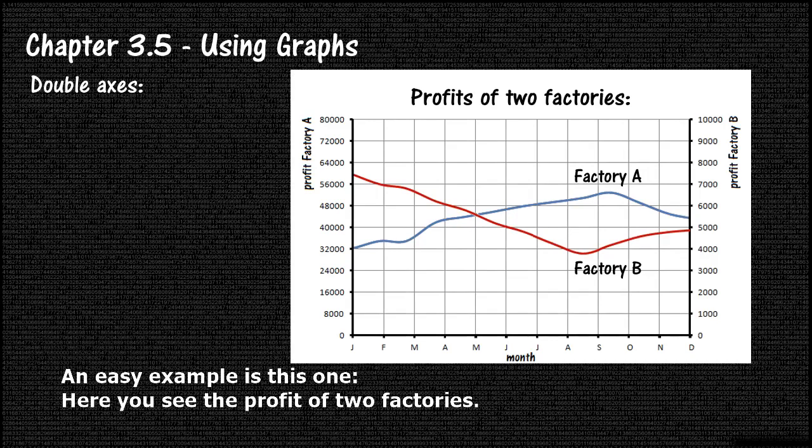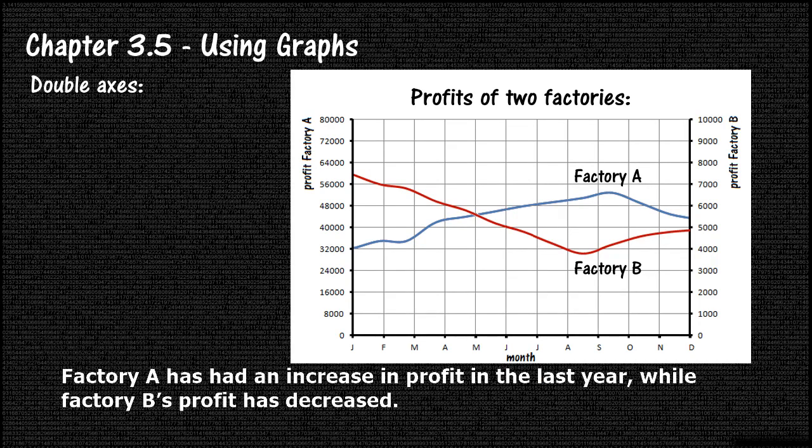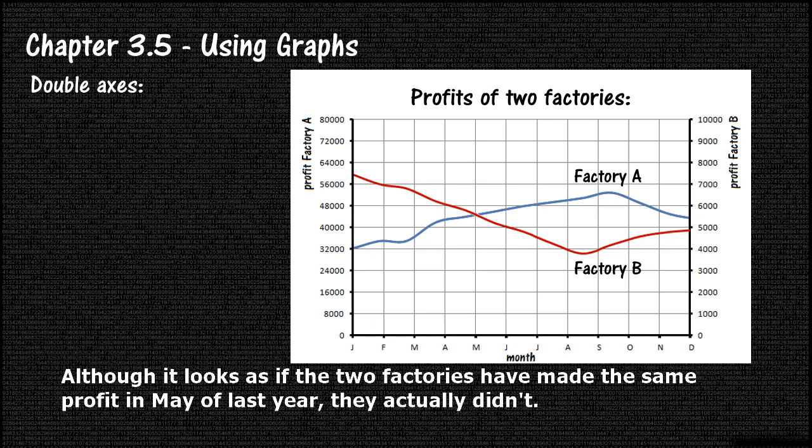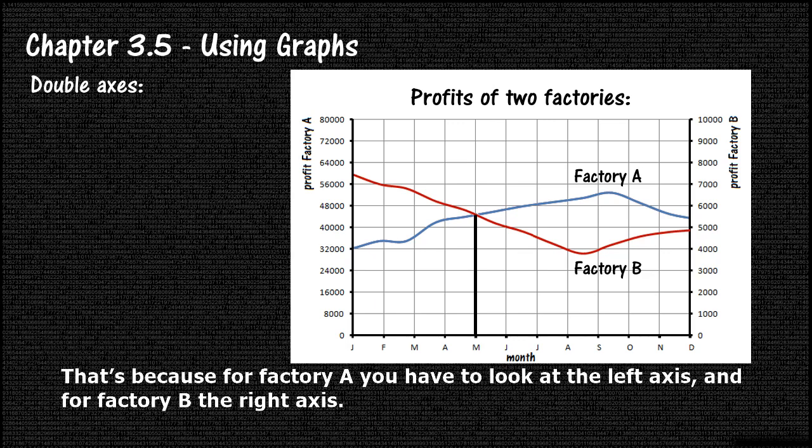Here you see the profit of two factories. Factory A has had an increase in profit in the last year, while Factory B's profit has decreased. Although it looks as if the two factories have made the same profit in May of last year, they actually didn't. That's because for Factory A you have to look at the left axis and for Factory B the right axis.